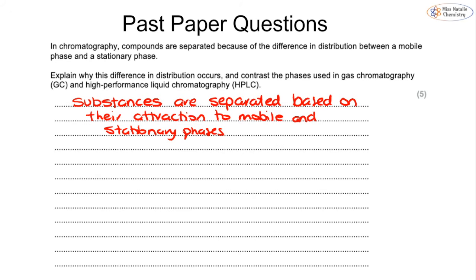And then the second part is contrasting the phases used in each. So this is basically just what are the different phases. So if we have GC, now of course you would write this out in a nice paragraph. I'm just going to draw it kind of like a table just so you can easily see. So in GC, we're going to have a mobile phase and we're going to have a stationary phase.